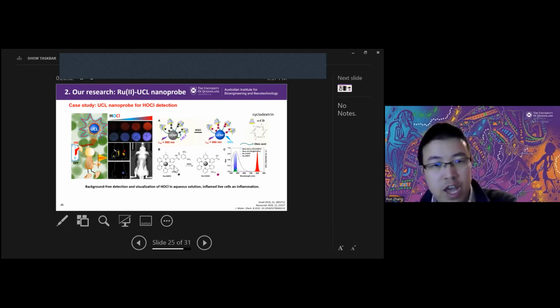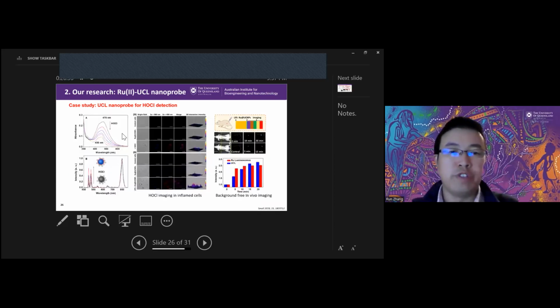We can see that after the reaction of the nanosensors with the hypochlorous acid, the absorption of the dyes decreases, and the emission of the upconversion nanoparticle increases. So we use this upconversion luminescence increase for the detection of hypochlorous acid in cancer cells and inflammatory cells.